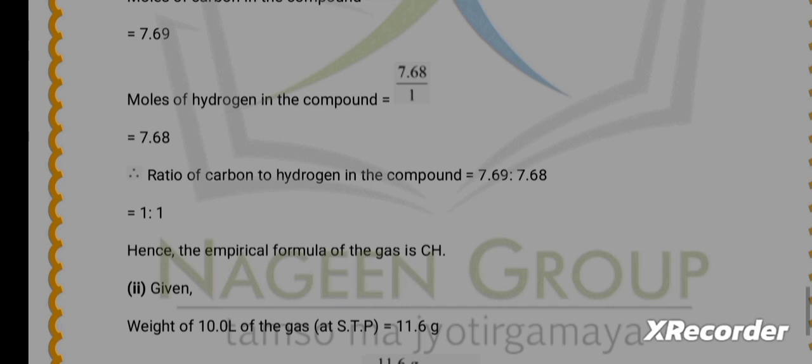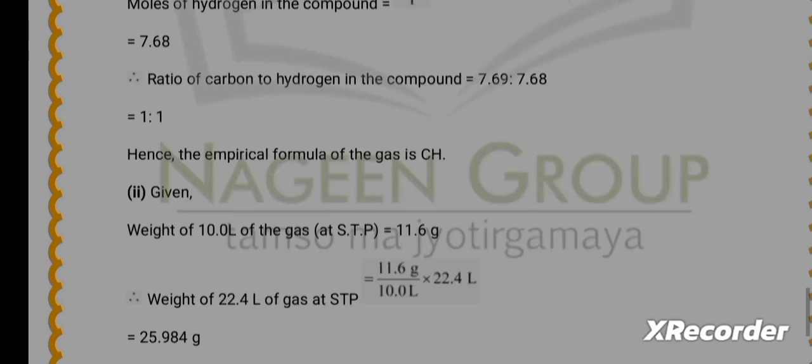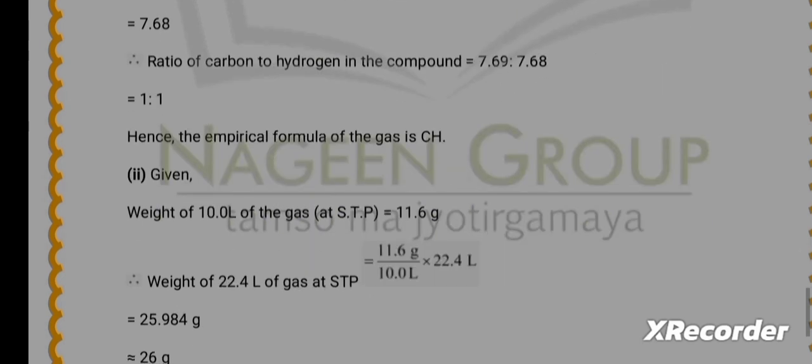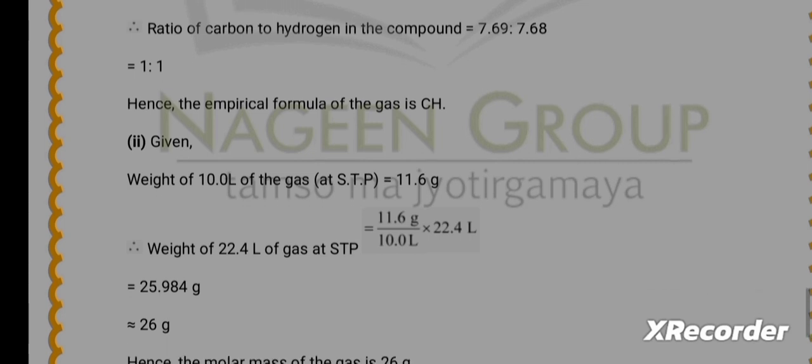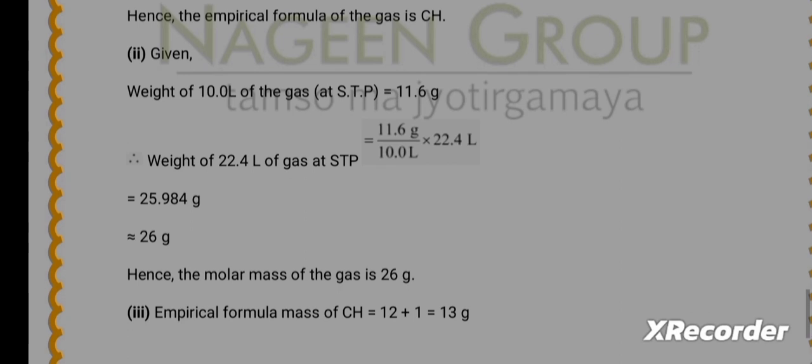Clear? तो अगर मुझे ये पता है कि 10 लीटर गैस का वेट 11.6 ग्राम है, तो क्या हम 22.4 लीटर गैस का वेट नहीं निकाल सकते? बिल्कुल निकाल सकते हैं। तो 10 लीटर गैस एट STP 11.6, 1 लीटर गैस का कैसे निकालेंगे? 11.6 divided by 10 multiplied by 22.4, and it comes out to be approximately 26.